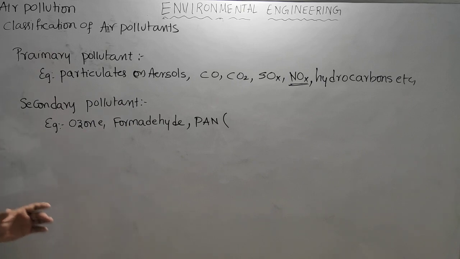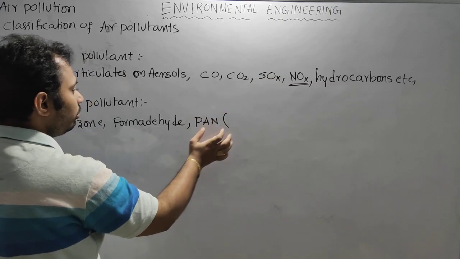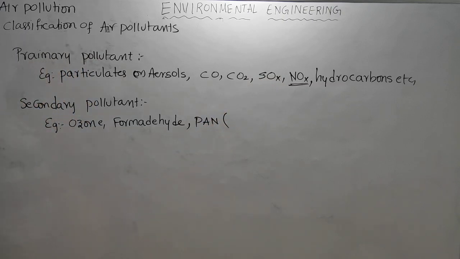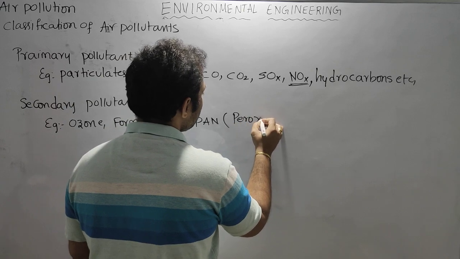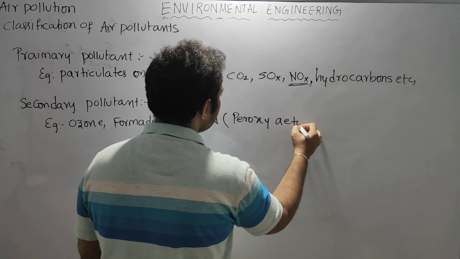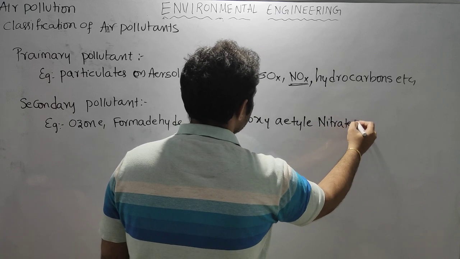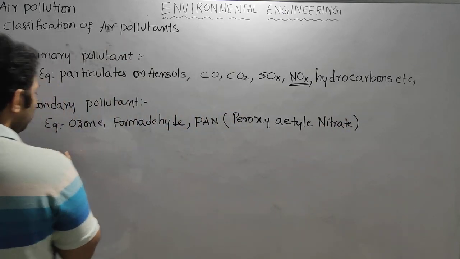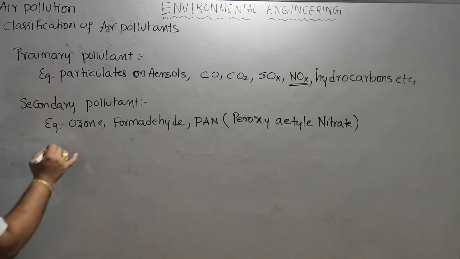So photochemical oxidation of these nitrogenous compounds will cause different kinds of pollutants such as PAN, peroxyacetyl nitrate, so this is one, and PBN. So next is PBN, peroxybenzoyl nitrate.